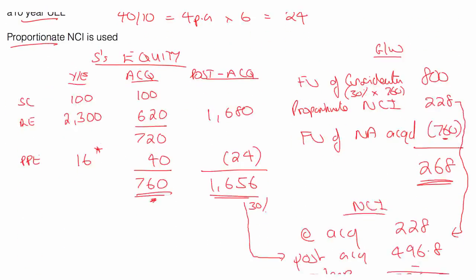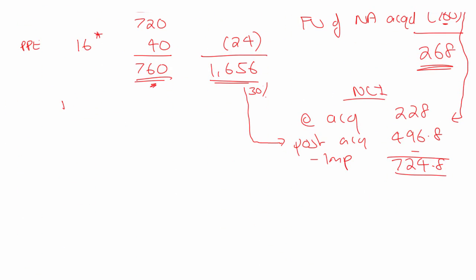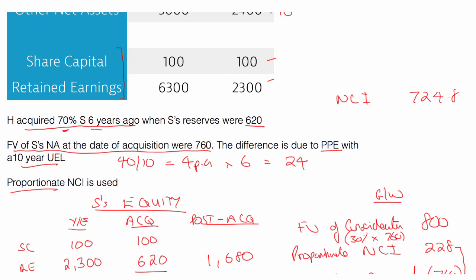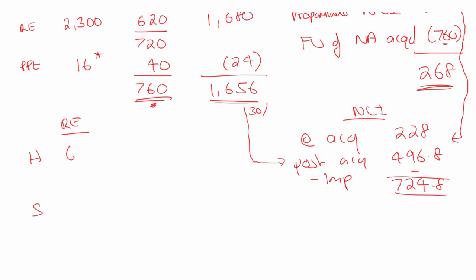Leaves me with one final working, retained earnings. Retained earnings, if you remember, we want all of H but not all of S. Let's go get H's, as he must complete. H's 6,300 then, and then S's would be not all of it. It was 70%, I think, wasn't it? Yeah, the 70% here of the post-acquisition I only deserve since I bought it. So 70% of 1656.